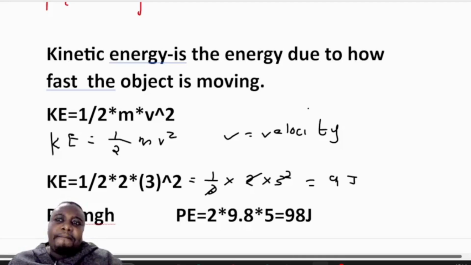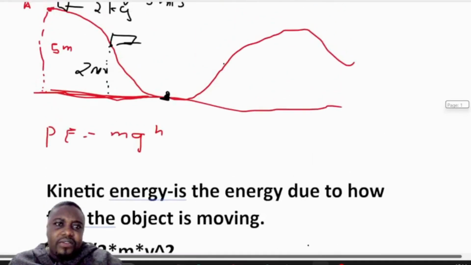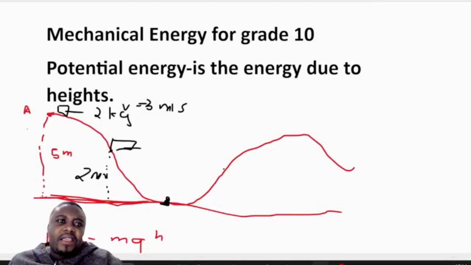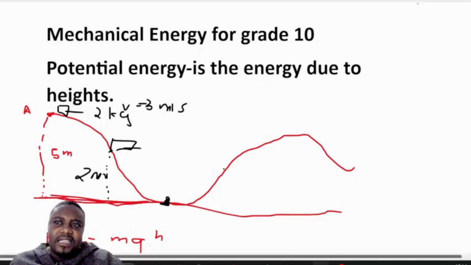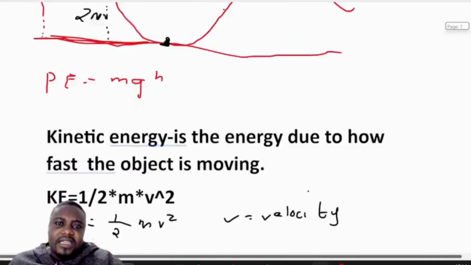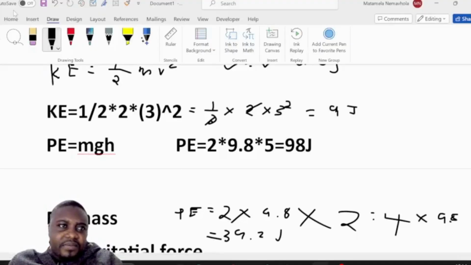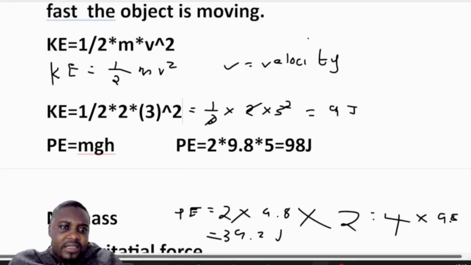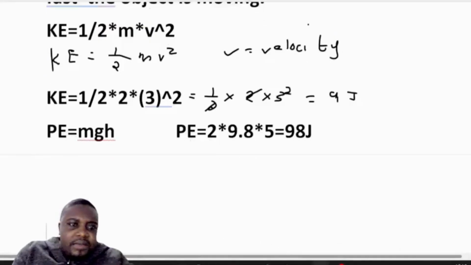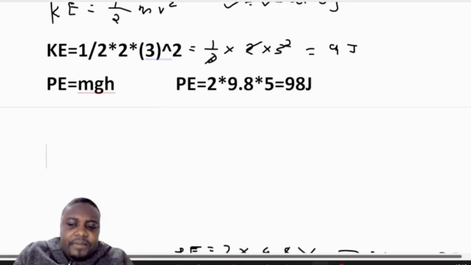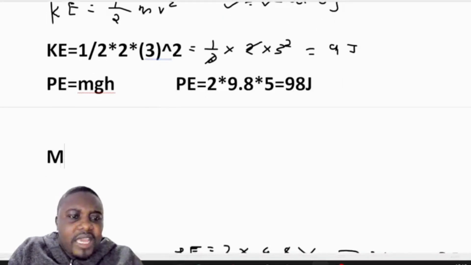So now you can be asked to calculate the mechanical energy at A. If you have to calculate the mechanical energy at A, let's calculate it now. Mechanical energy at A, I will say ME.